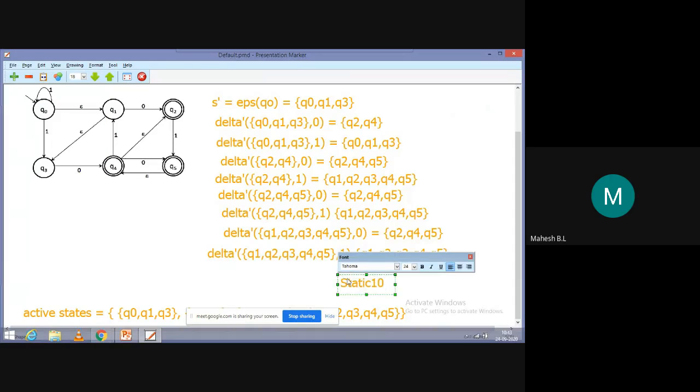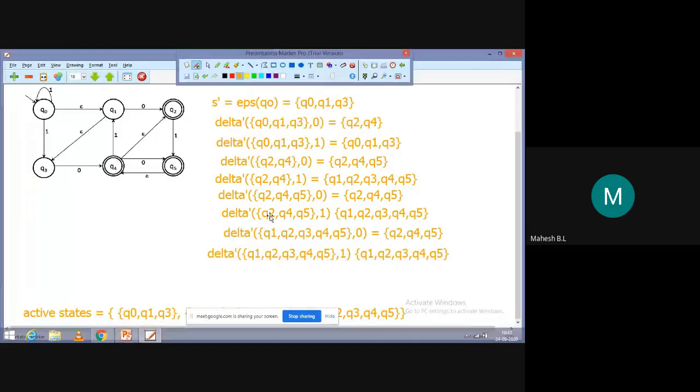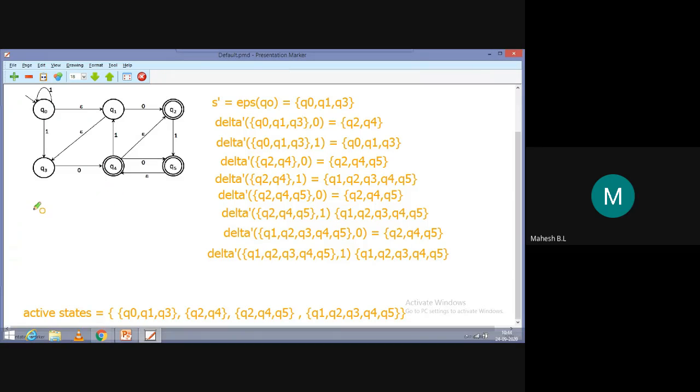Now next step is to draw that DFSM. For drawing, you need to know which is the initial state, which is the accepting state. Delta dash are the transitions corresponding to DFSM, which is equivalent to this NDFSM. So S dash is nothing but the starting state, which is Q0, Q1, Q3. The first one is the starting state. So let me draw one at a time.